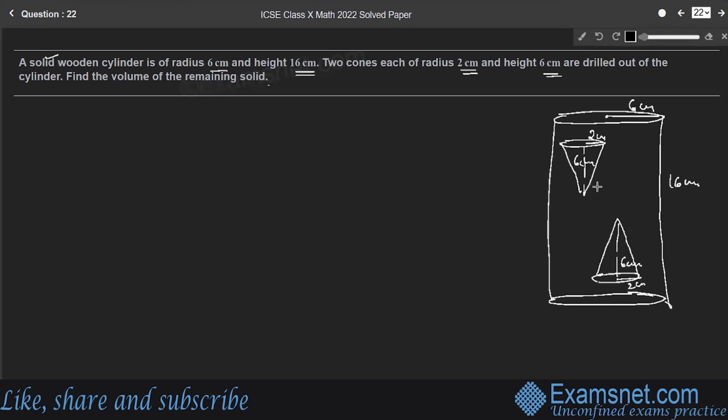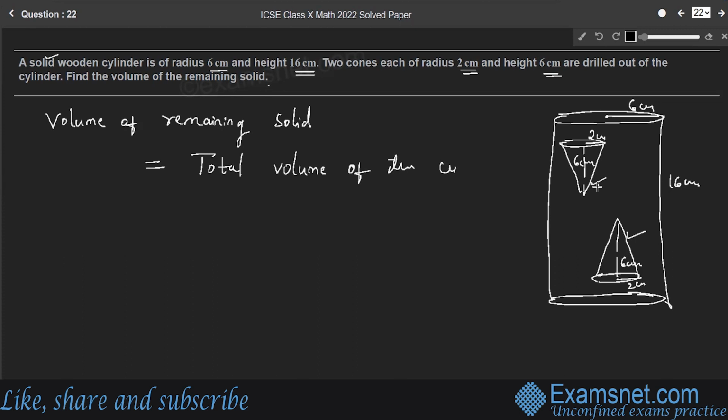Here volume of the remaining solid is equal to total volume of the cylinder minus volumes of the cones which are drilled out of the cylinder, right? Therefore, volume of the remaining portion of the cylinder is equal to total volume of the cylinder minus 2 times volume of the cone. Why are we taking 2 times?